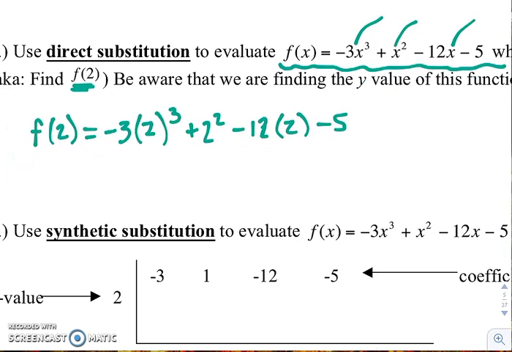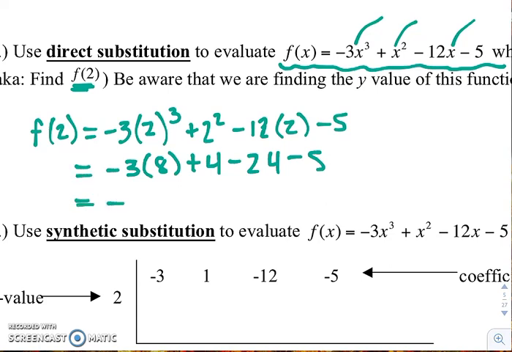So 2 cubed is 8, so you get -3 times 8 plus 4. 12 times 2 is 24, minus 5. So then we get -24, and 4 minus 24 is -20, and -5 is -25.